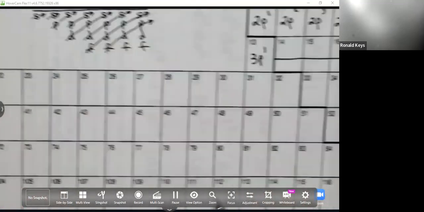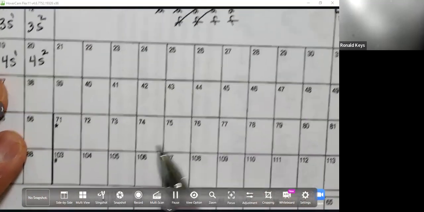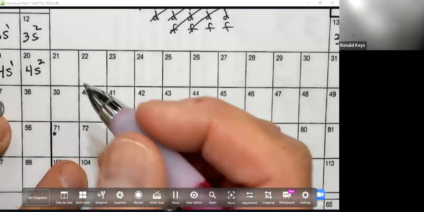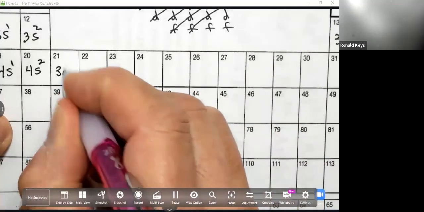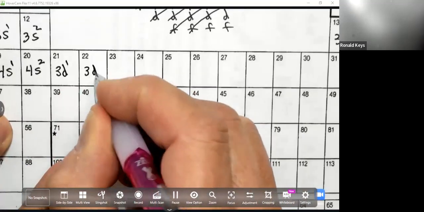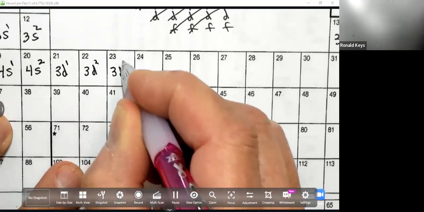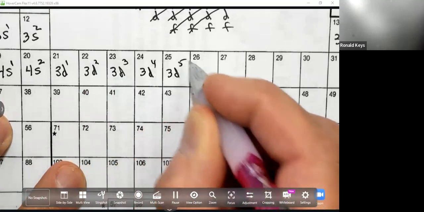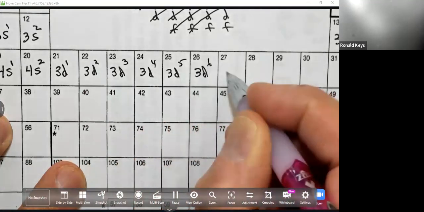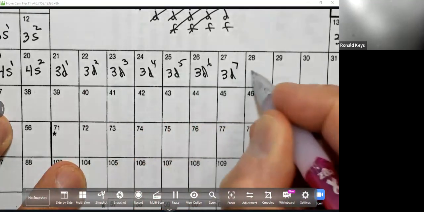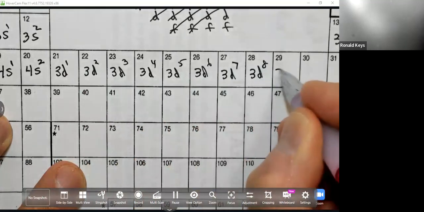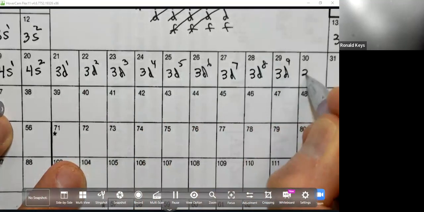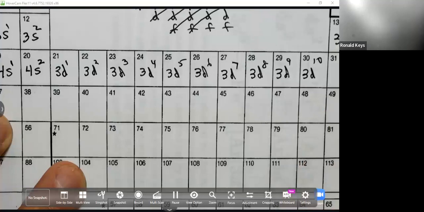Wouldn't you know how many middle columns there are in the middle of the table? 10. 3d1, 3d2, 3d3, 3d4, 3d5, 3d6, 3d7, 3d8, 3d9, 3d10.